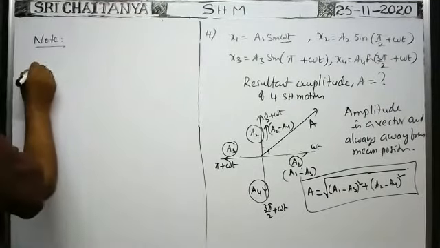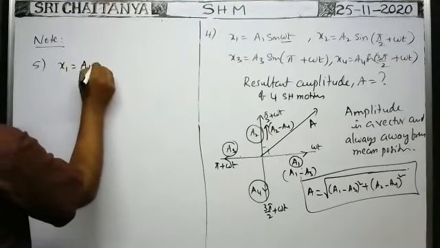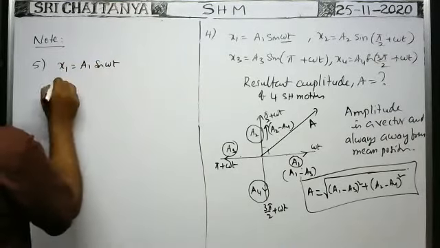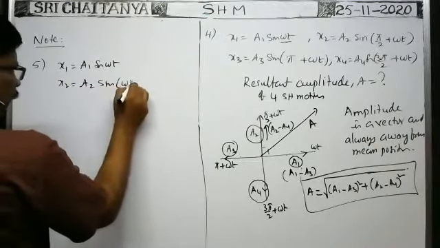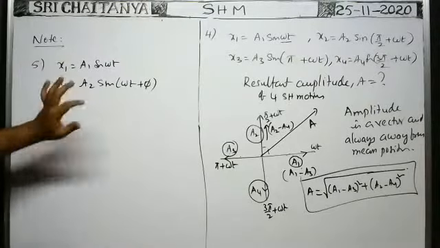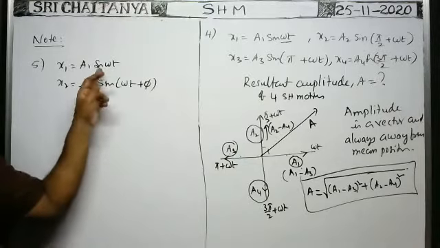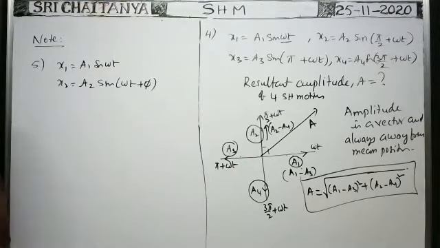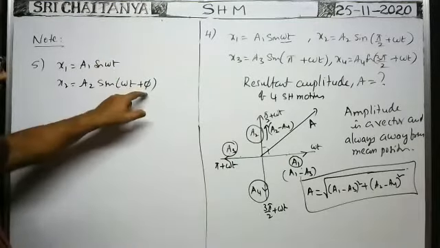Next, the fifth one. Suppose x1 is equal to a1 sine omega t is given, x2 is equal to a2 sine (omega t plus phi) is given. What is the phase difference between these two simple harmonic motions? Phi. The phase difference between these two simple harmonic motions is equal to phi.